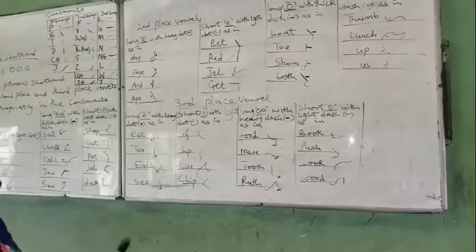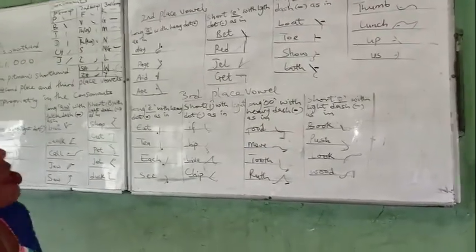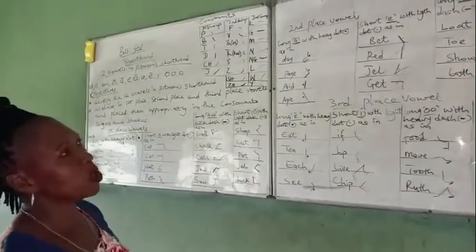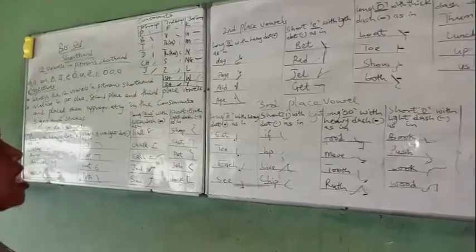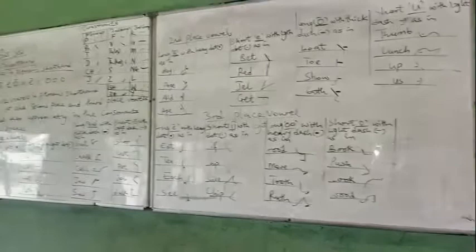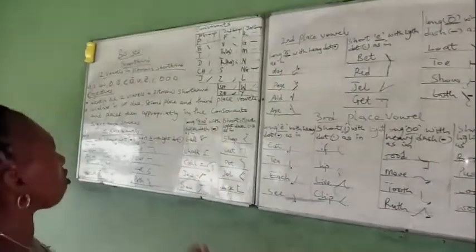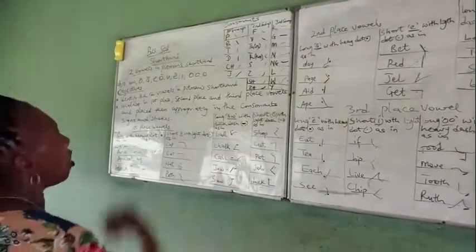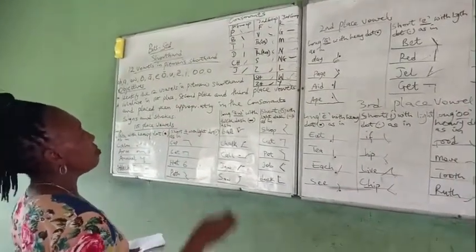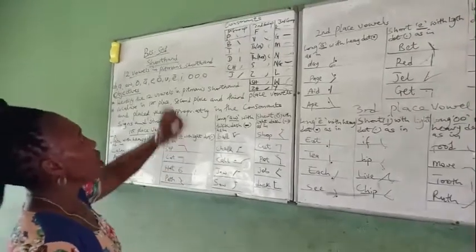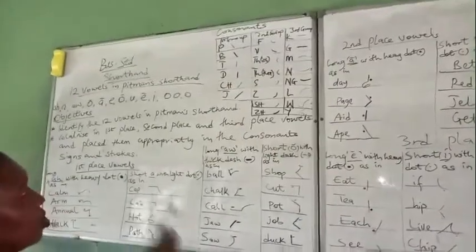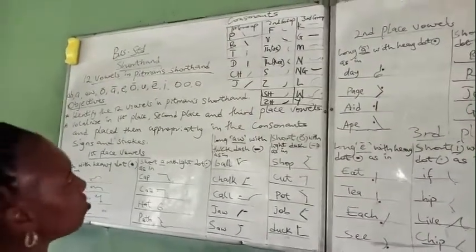Then, because of the material I use to write on this whiteboard, some may find it difficult to know the consonants that have light stroke and heavy stroke, or light sign or heavy sign, like in curve consonant signs. Please, if you go through this once I put it down, you will remember what I said when we discussed consonants.